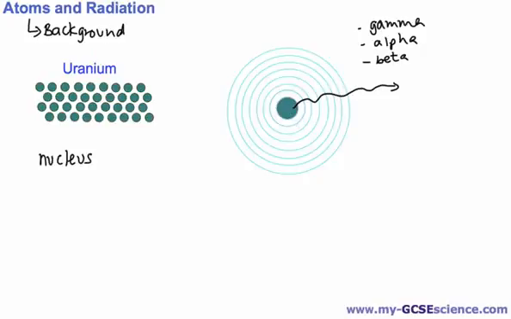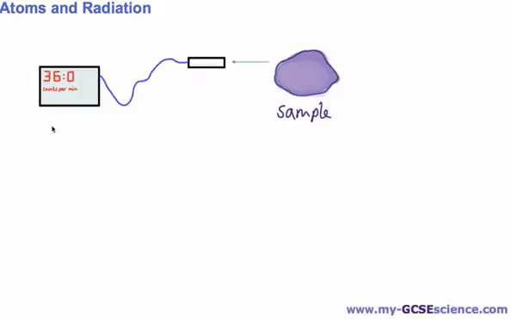Okay, so how do we actually measure this? Well, we have a kind of instrument called a Geiger tube, or sometimes called a Geiger-Müller tube, and what that does is it measures the amount of radioactivity coming from a substance, and it measures it in counts per minute. So every time it measures an amount of radioactivity, it increases the count, and the faster the count rises, or the higher the count, the more radioactive the sample is.